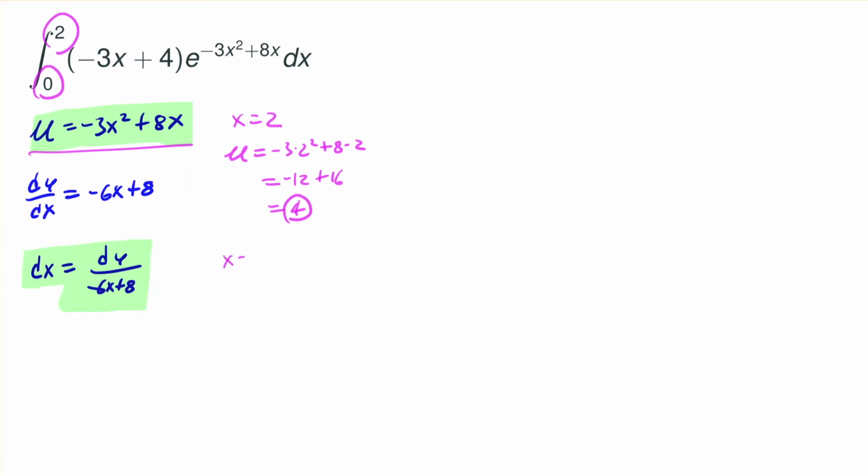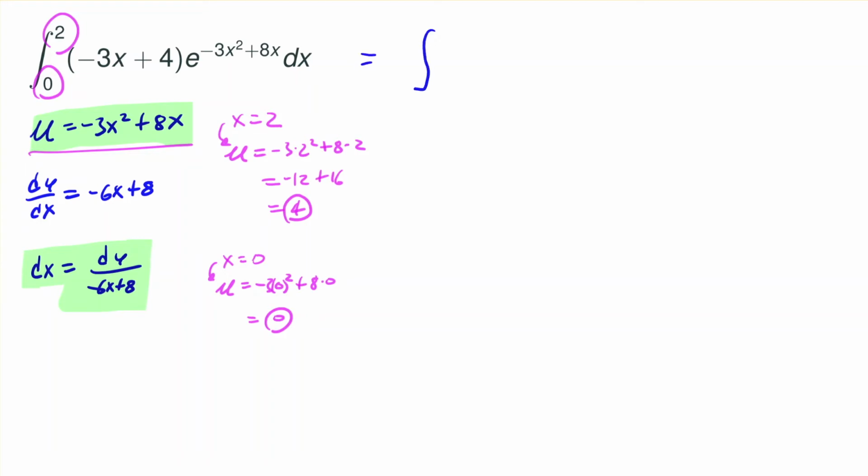When x is 0, what is u? u is negative 3 times 0 squared plus 8 times 0, which is 0. So 4 and 0 are the new bounds.